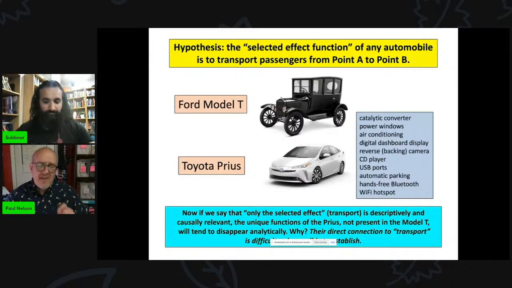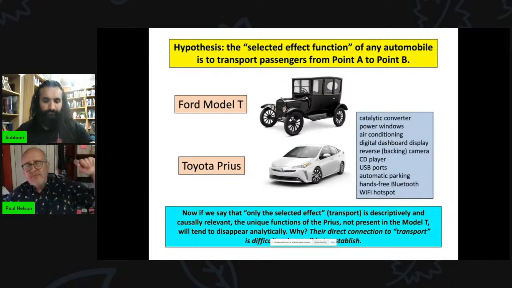Now, if we say that the only selected effect that is real is transport, and that's therefore the only effect that is descriptively and causally relevant, the unique functions of the Prius will tend to disappear analytically. Why? Because their direct connection to transport is difficult or impossible to establish. So there's no clear direct connection from a USB port in the Prius to go from A to B. Why is the USB port there?